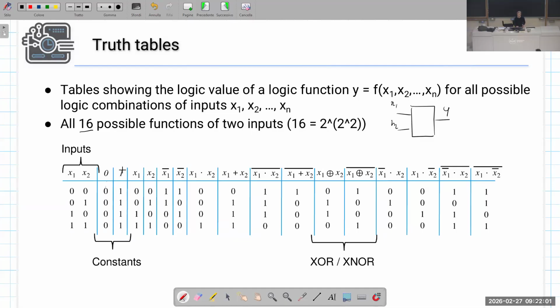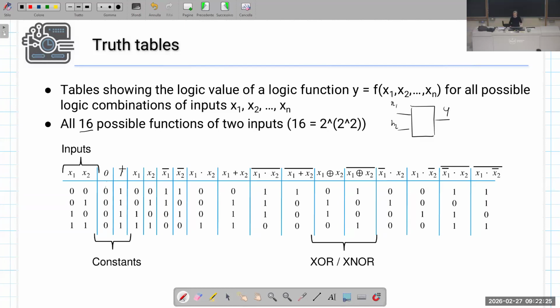Does it make a difference in what sense? It is one of the possible functions. If we want to list all possible, this is the exhaustive list of all possible combinational functions that we may have with two input variables. One of them is this trivial one that is 0 no matter the input.